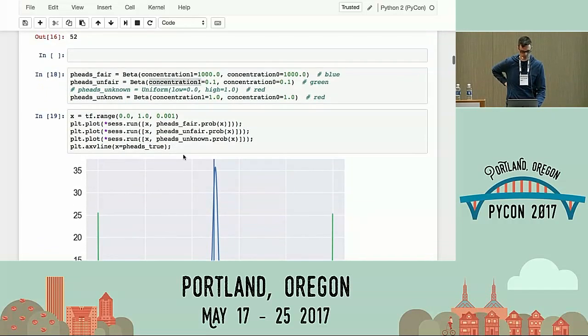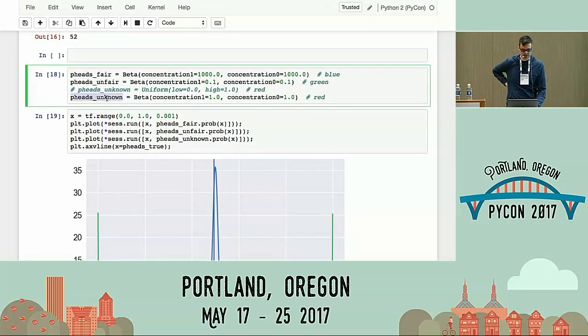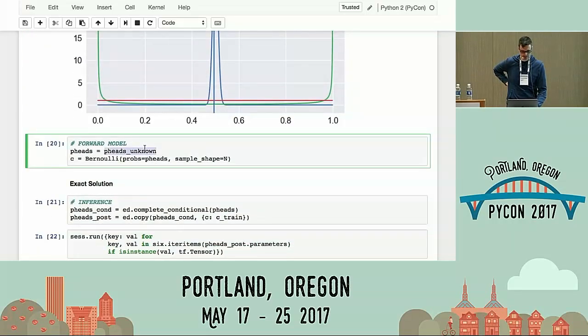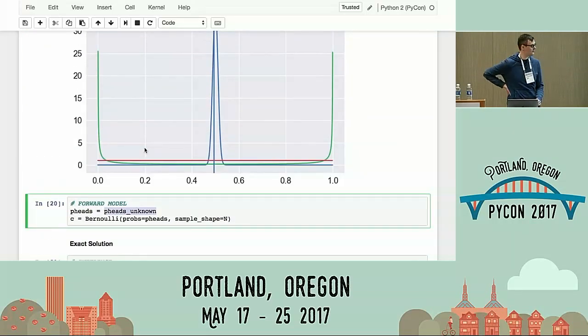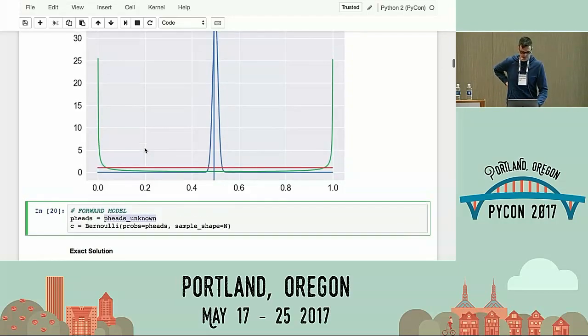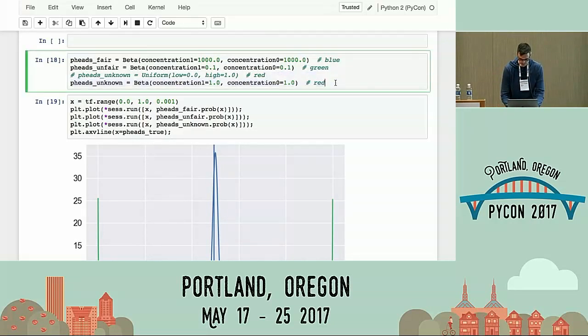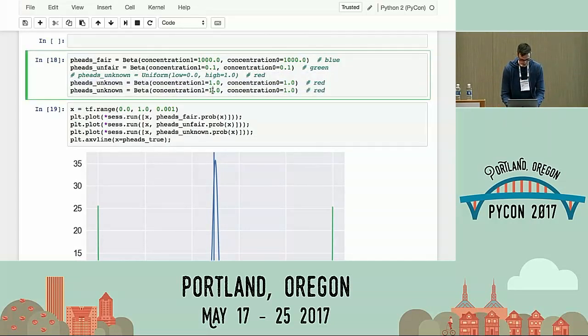And also change what the prior probability here is. You could change this value here, and then you switch from the red curve to, let's say, the green one, or the blue one. Or you can even make up your own, write a new one here that has concentration, I don't know, 127 and 2. I don't know what will come out of this.